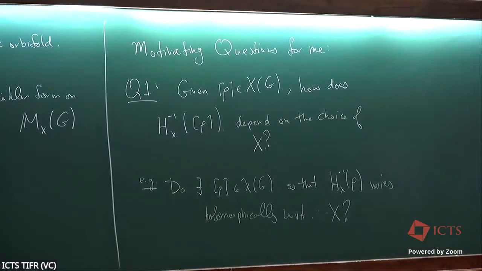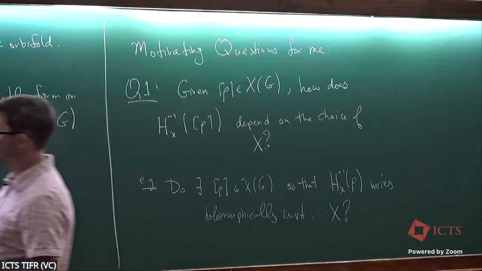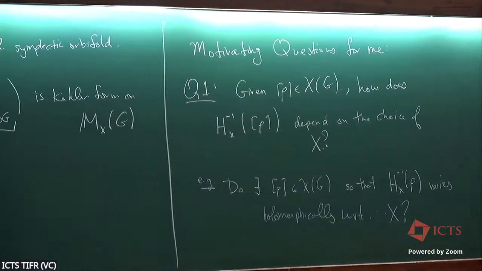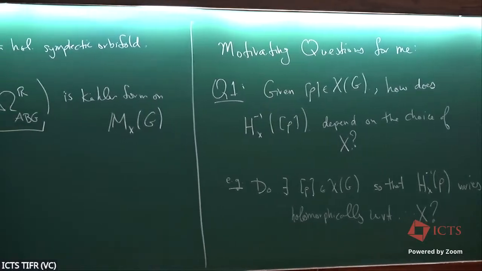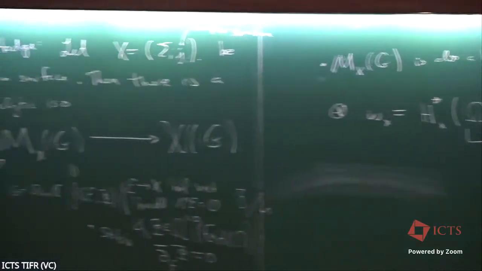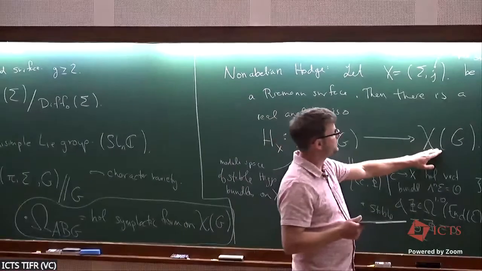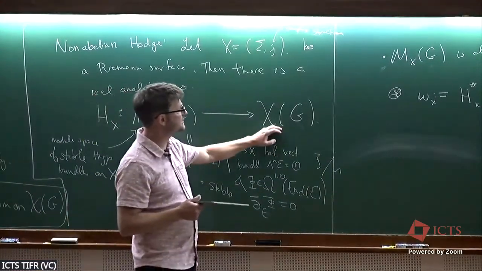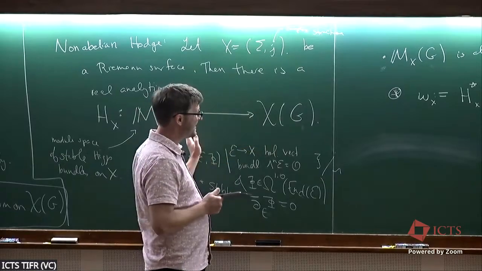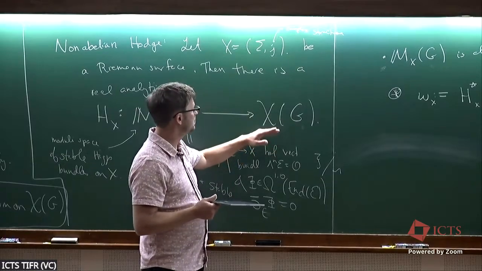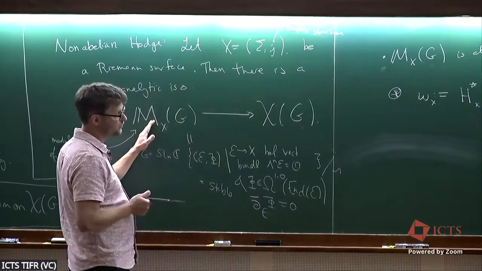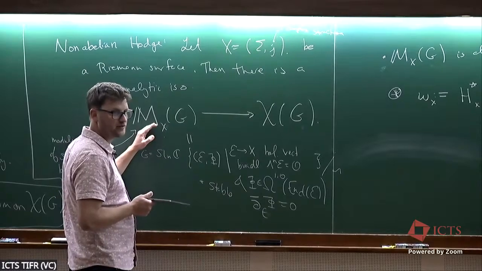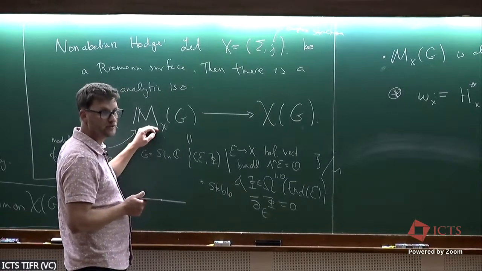So Ben, maybe you already said this, but can you just explain that notation? Which ω_X, for little ω_X? What's on the right-hand side? Okay, this is the Atiyah-Bott-Goldman form, the holomorphic symplectic form on the character variety. I'll take its real part and pull it back by this map. This map is not a complex map, not a holomorphic symplectic map. So I can pull back this real part of the Atiyah-Bott-Goldman form and get a new symplectic form here, and it turns out that one is compatible with the complex structure.